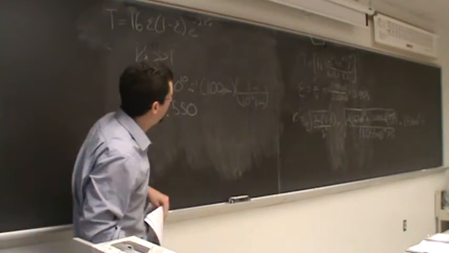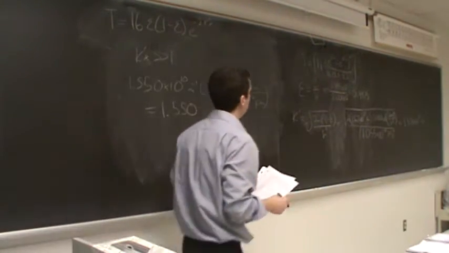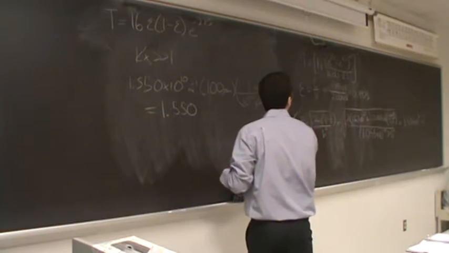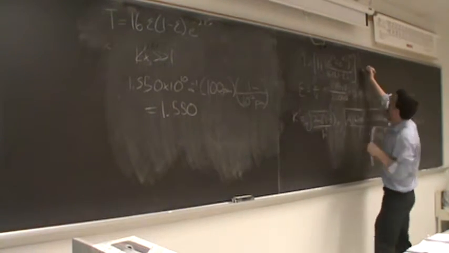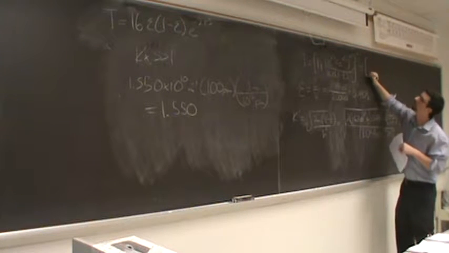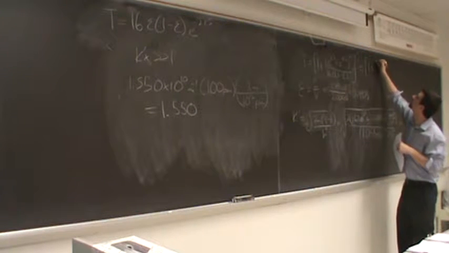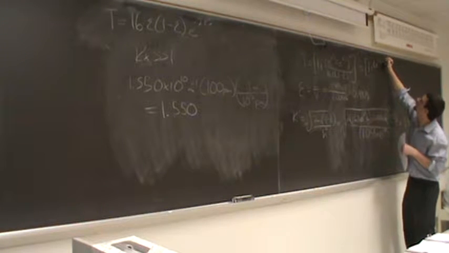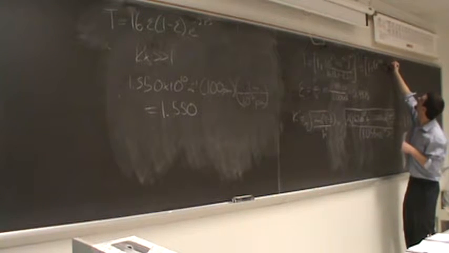So now we have to jump back to this transition, or this tunneling probability. Now we can just start plugging junk in. So 1 plus e to the 1.550 minus e to the minus 1.550.